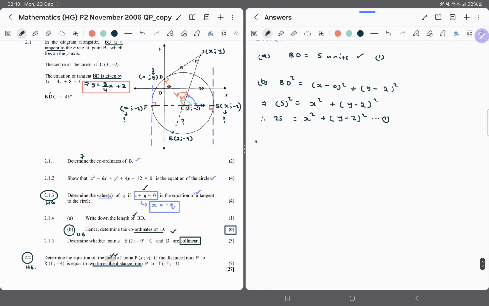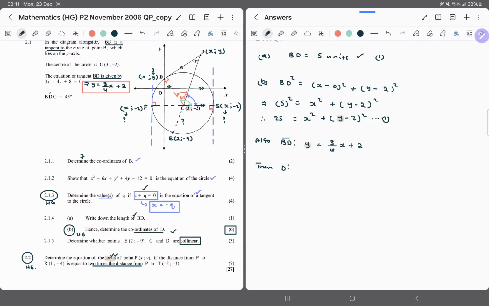The other equation, we know also that BD, the very same line, is given by y equals 3 over 4 x plus 2. But this y is the same as that y, because this is all on BD. So we can substitute.